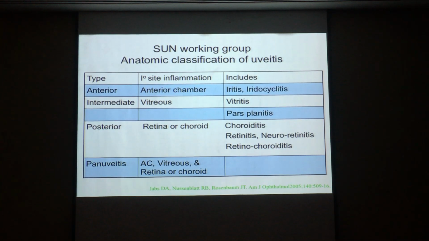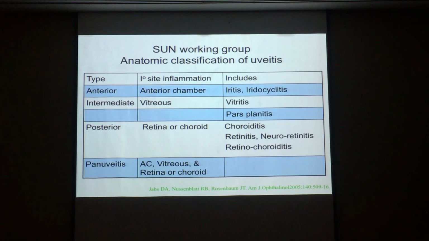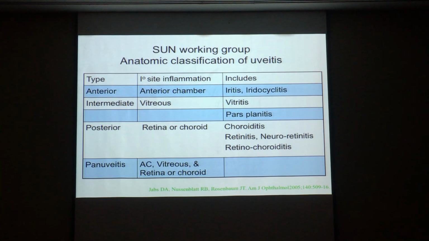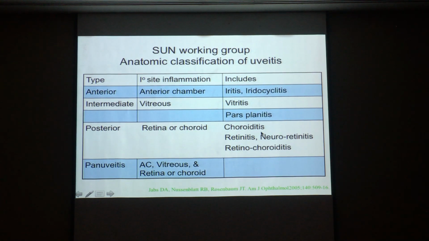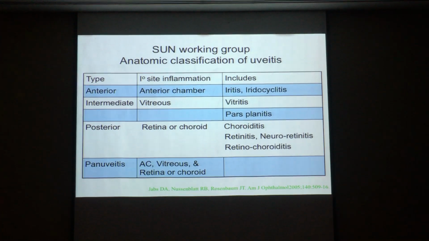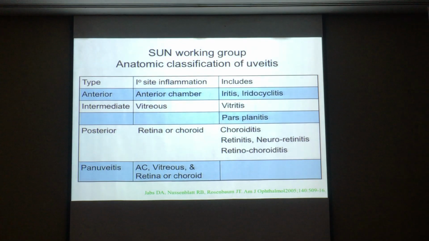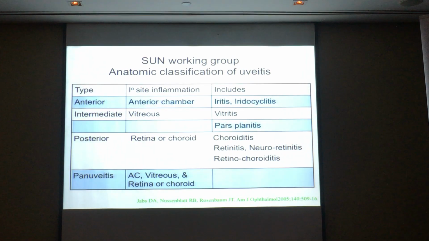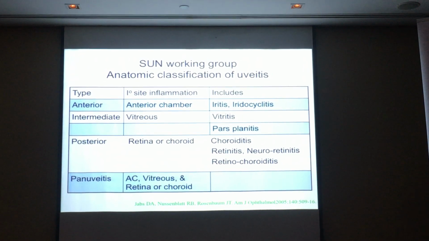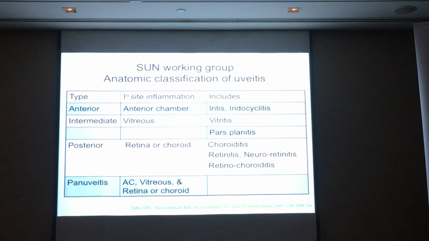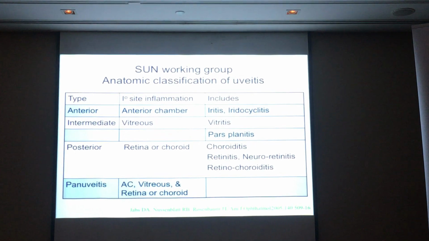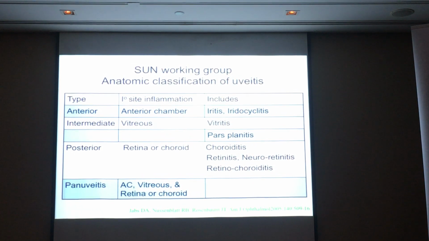In the last 2 days, you came across this information. You are well versed with this, because I am going to presume that you know what we are talking about. So what we are talking about in posterior uveitis is inflammation which is limited to retina, choroid, neuroretinitis, and there will be inflammations from retina going to the choroid, retinochoroiditis, and the other way around.